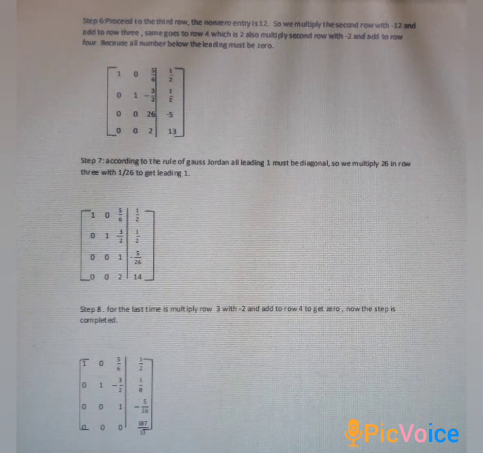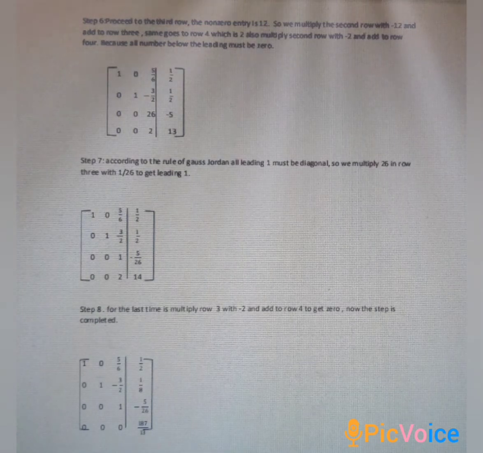Alright, next step 7. According to the rule of Gauss-Jordan, all leading ones must be diagonal. So we need to multiply 26 in row 3 with 1 over 26 in order to get leading one. And lastly, step 8, multiply row 3 with negative 2 and add to row 4 to get 0.